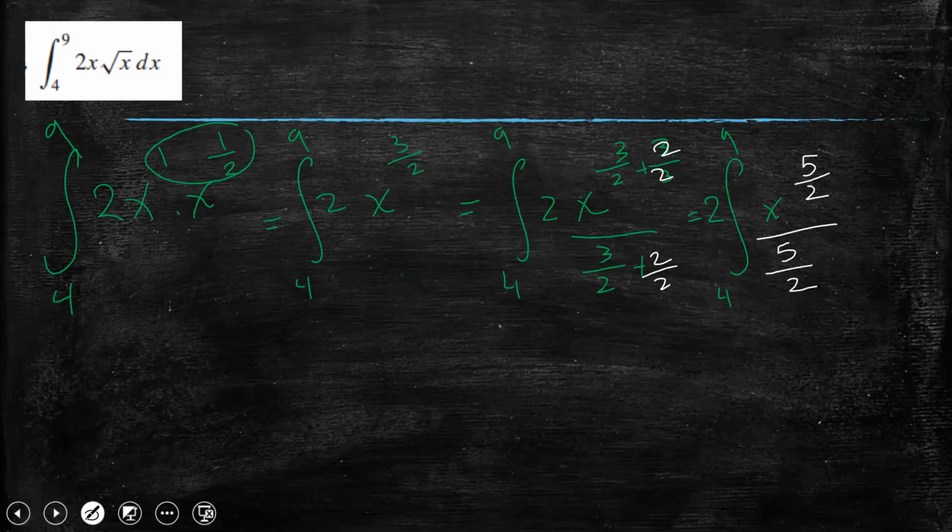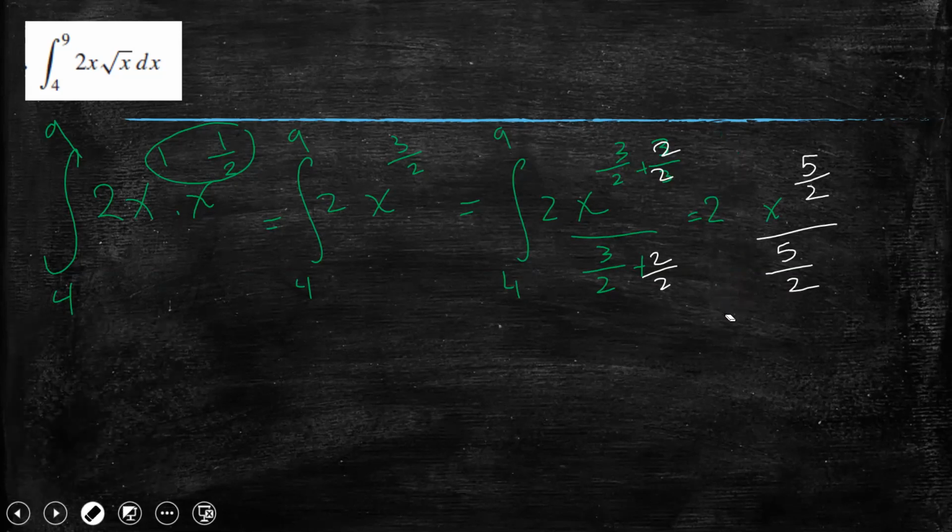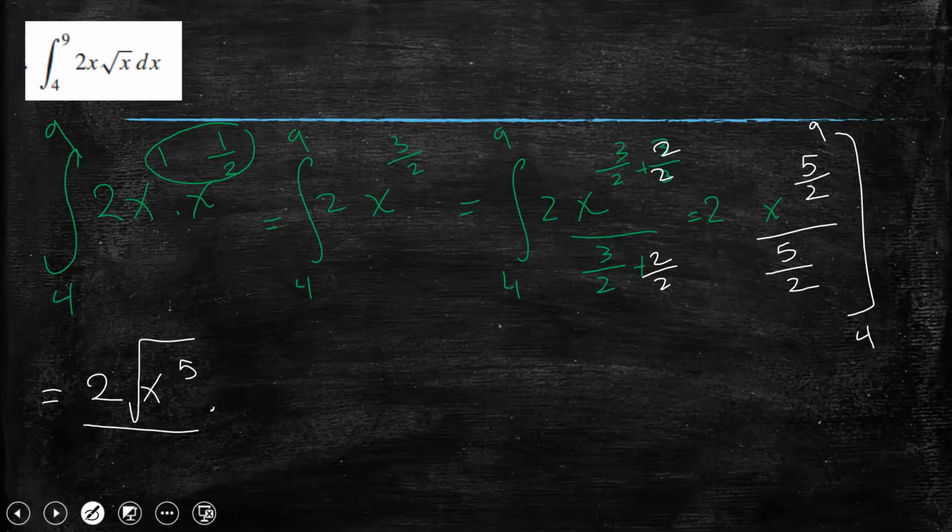Then, now after integration, I will remove this. So it is 2 times the square root of x to the power 5, over 5 over 2. Its reciprocal is 2 over 5.